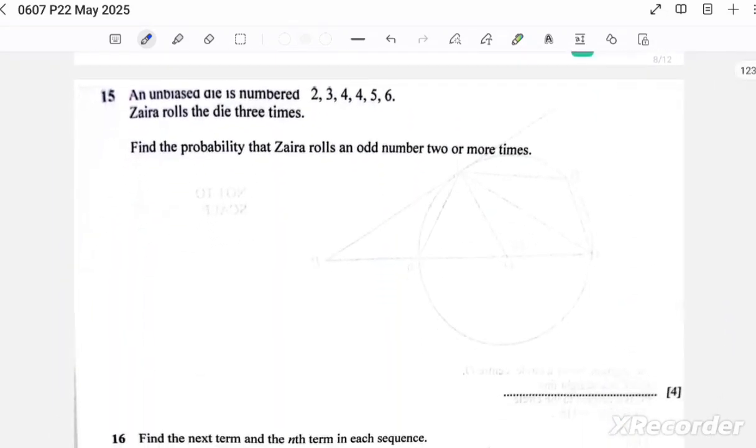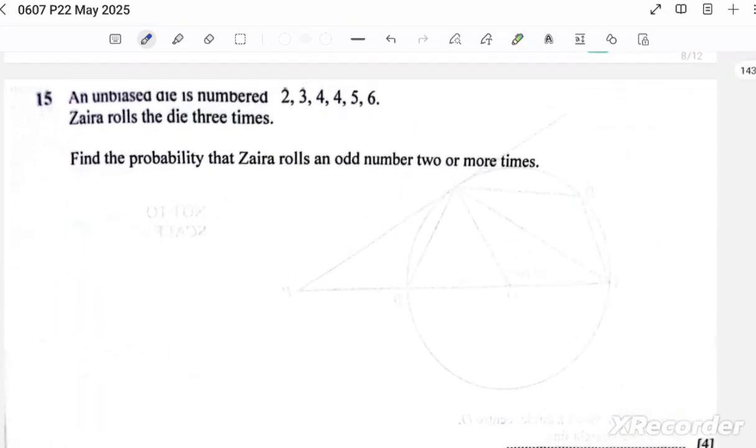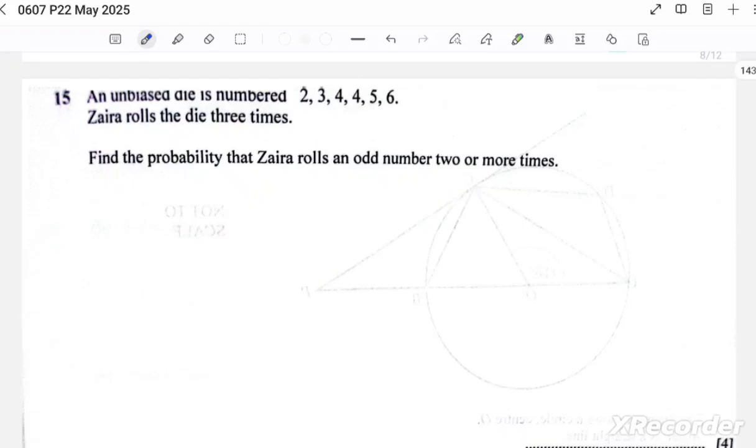Okay, next question about probability. We have a biased die numbered 2, 3, 4, 4, 5, 6. Zaira rolls the die 3 times. Find the probability that Zaira rolls an odd number 2 or more times.